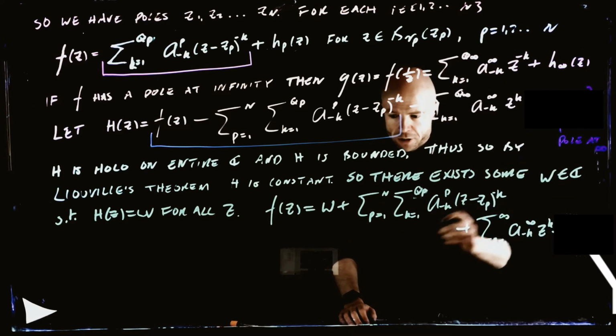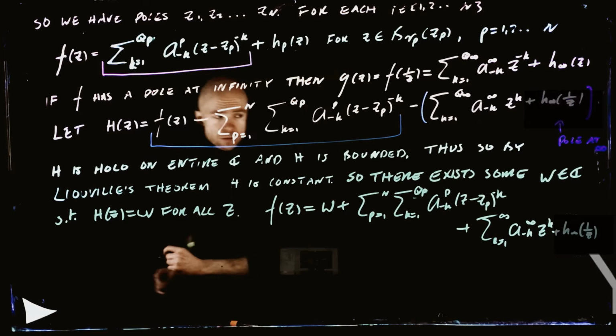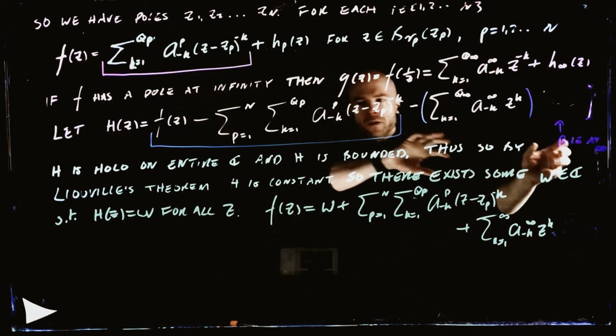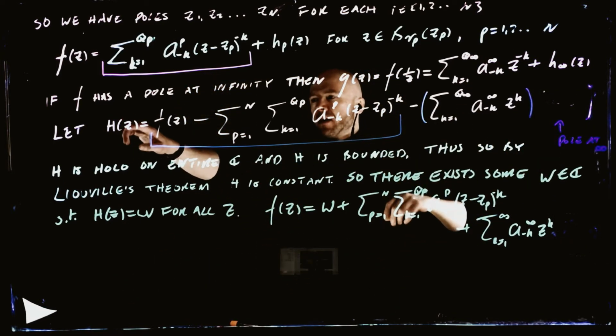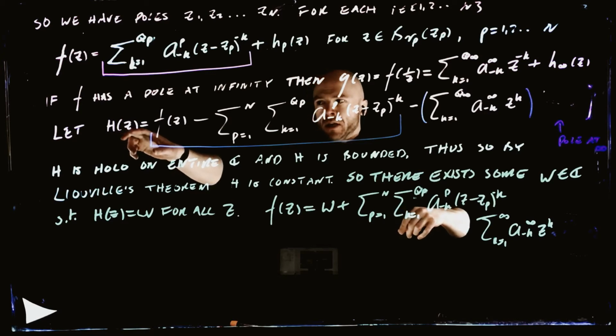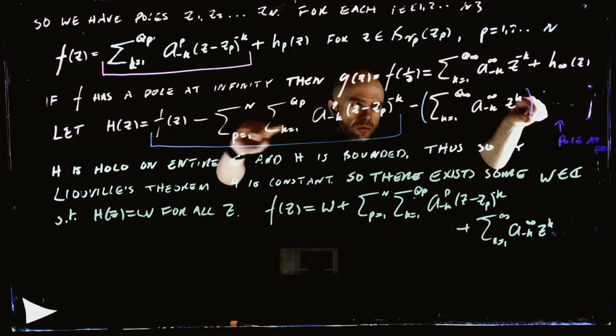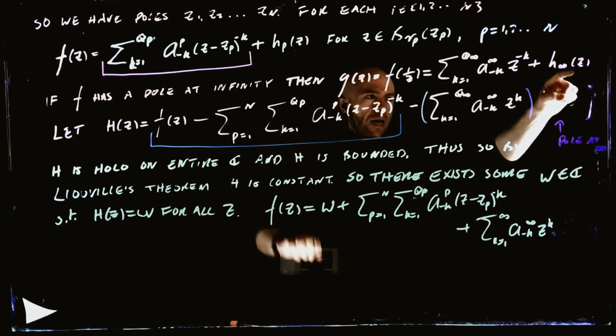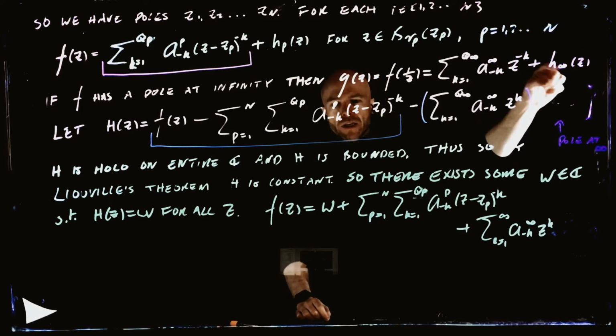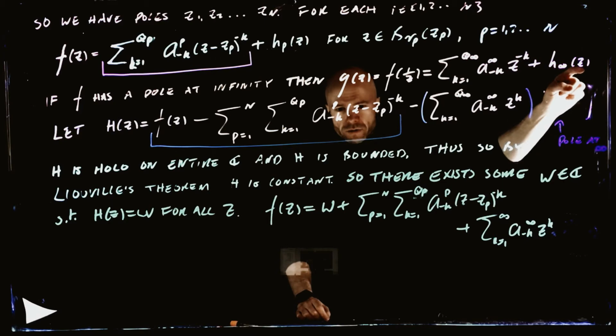So f is a rational function. When we subtract all of this stuff, then as z goes to infinity, all that will be left is this guy right here. So as z goes to infinity, this thing will look like h infinity of 1 over z, which therefore is bounded.